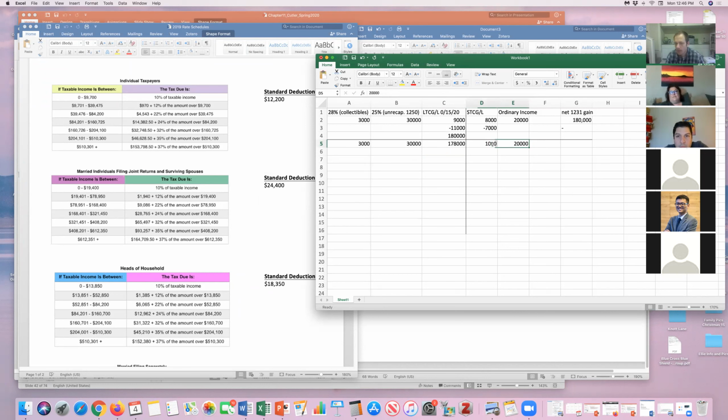So I've got 21,000 here at ordinary rates. For them, it's going to be right here: 1,940 plus 12% of the amount over 19,400.